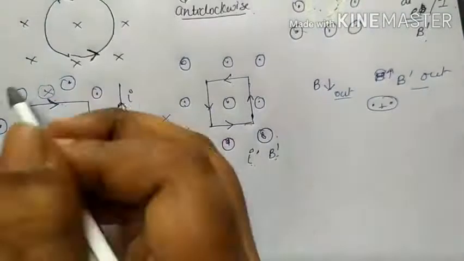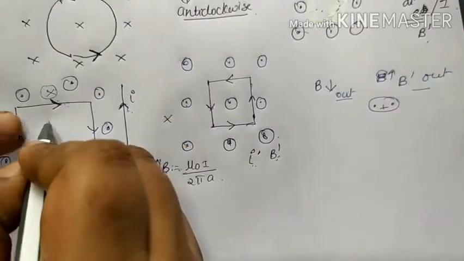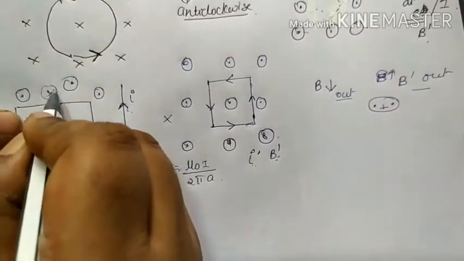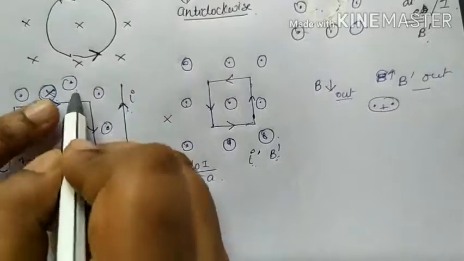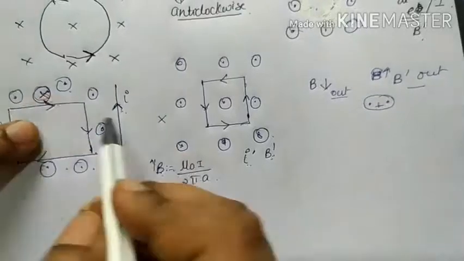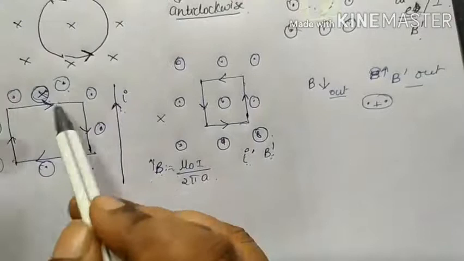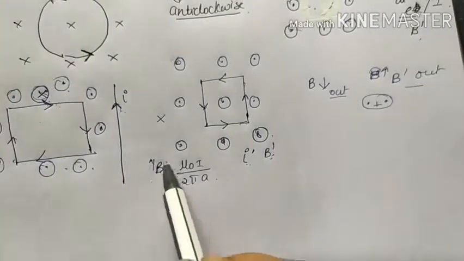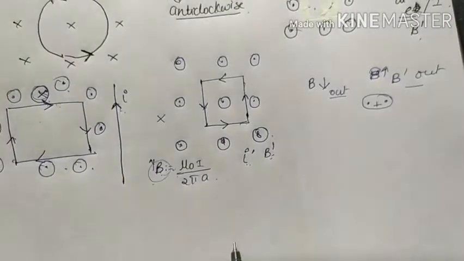Current in the clockwise direction means, see, this is the clockwise direction of the fingers, so my thumb is into. So here, due to this current, the magnetic field is into. This dot is due to B, whereas this cross is due to B dash. So the net effect is the reduction of B.